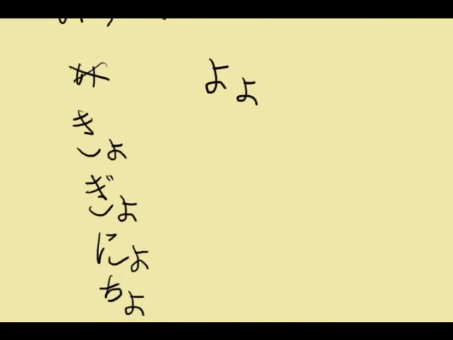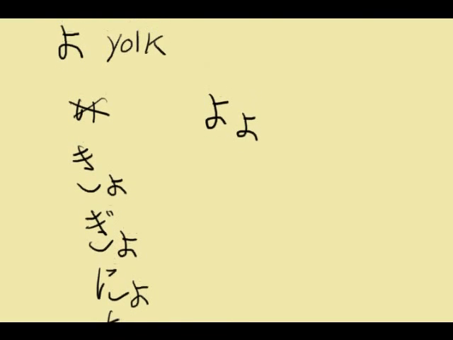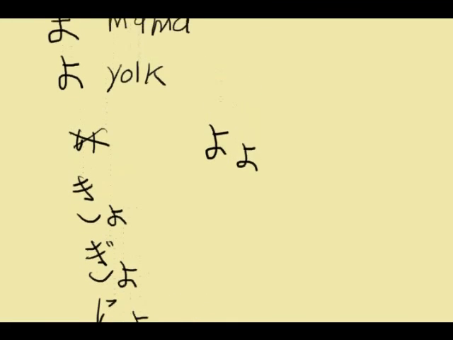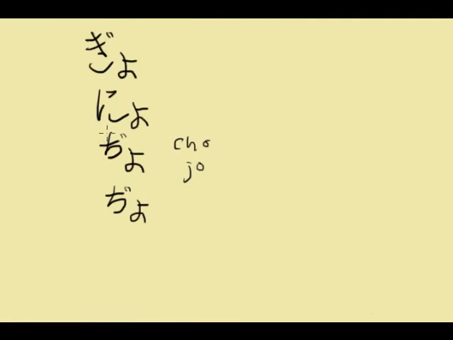So don't try and think of it like ki-yo. Blend it together. Kyo, gyo, nyo, cho. So you'll see this as cho. And jo is just the voiced version. That's Joe. There's a couple others that use this, but it's everything in the E line.